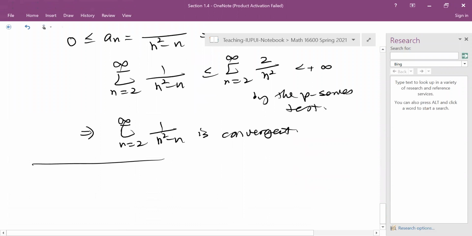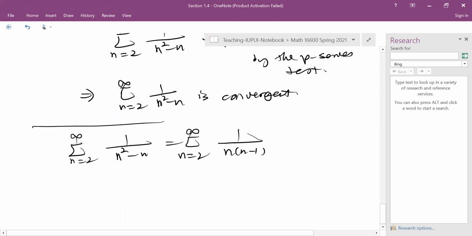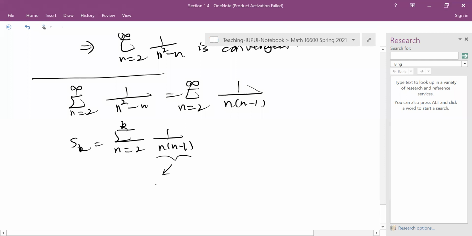So the next one I'm trying to do is you look at this series, right? And this is so special, so you can factor this denominator. Okay, so actually you can find the partial sum using the original definition. The reason is this term can be decomposed into two: 1 over n minus 1 minus 1 over n.